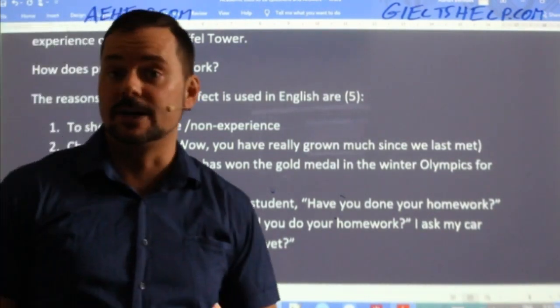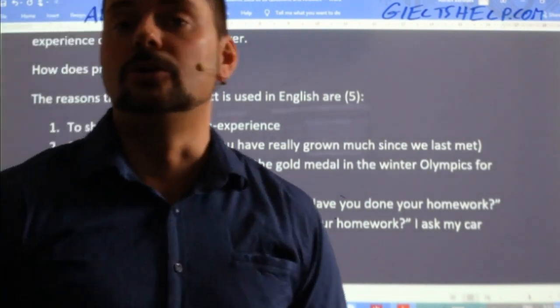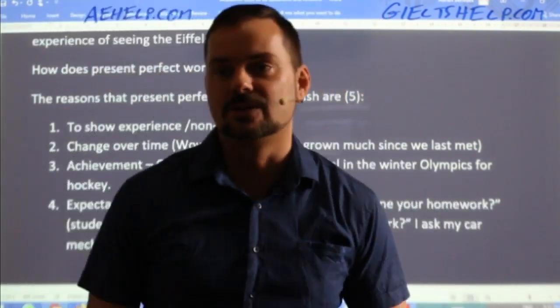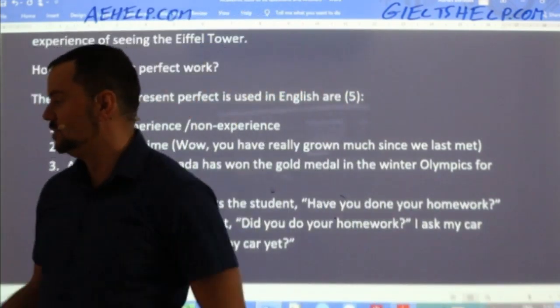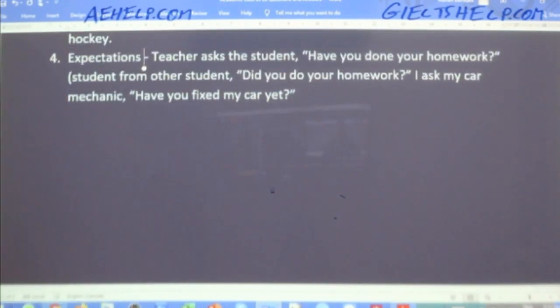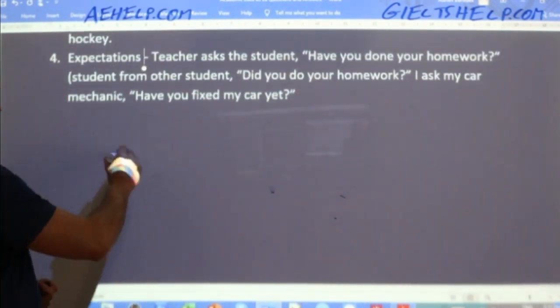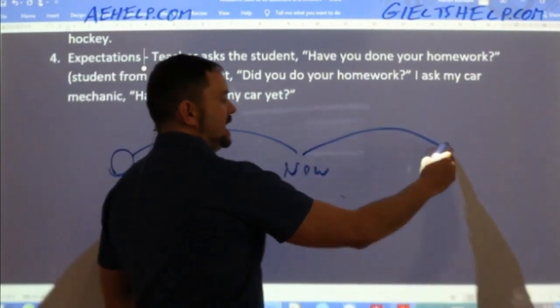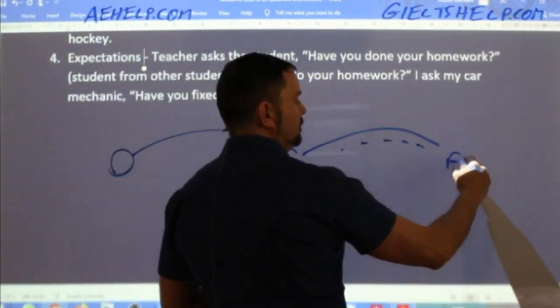Now you can see why it's so important to control grammar in your speaking and in your writing. Okay, so it's the expectation of doing it. And if you think about what I showed with the time, that makes sense, right? So past event continues until now and will likely continue into the future.